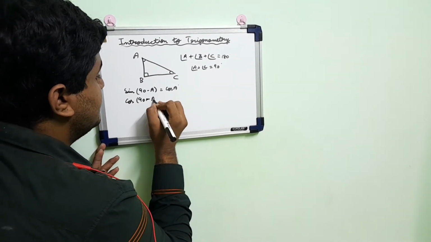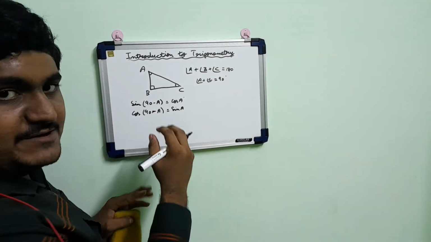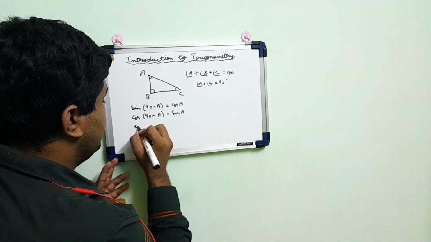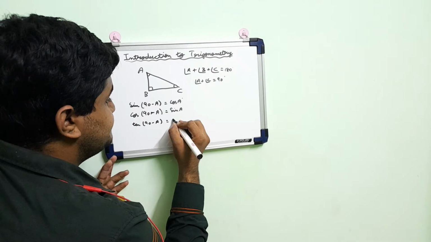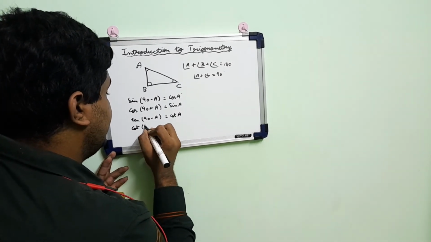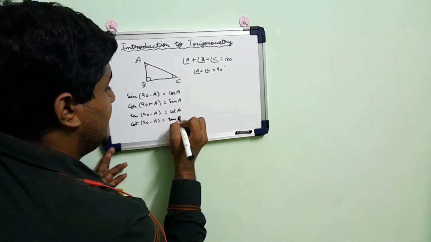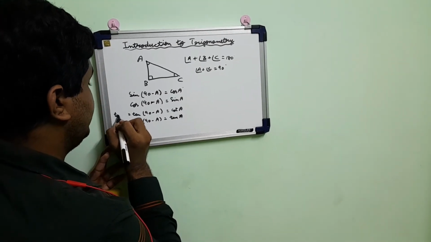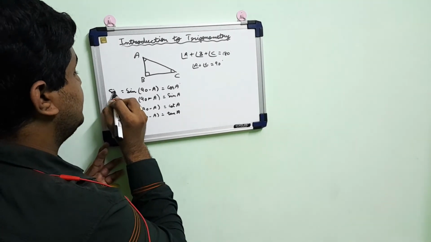Cos of 90 minus A is equal to sin A. Similarly, tan of 90 minus A is equal to cot A. Then cot of 90 minus A is equal to tan A. So this can also be written as cot C, tan C, cos C and sin C.